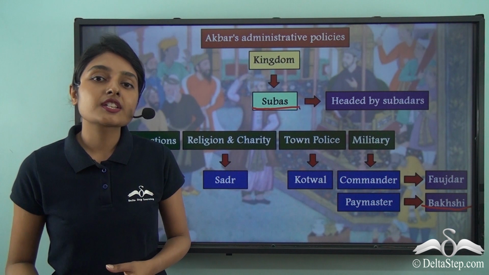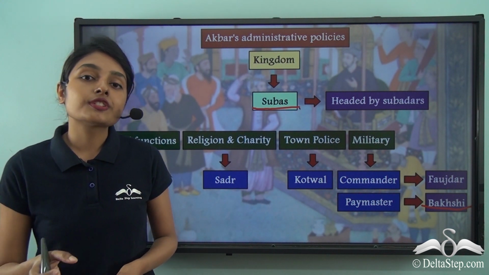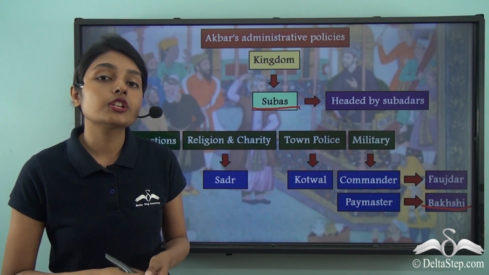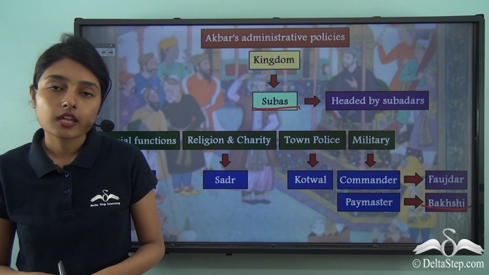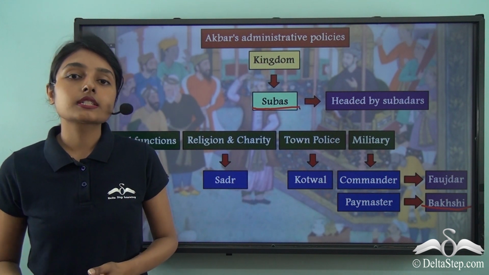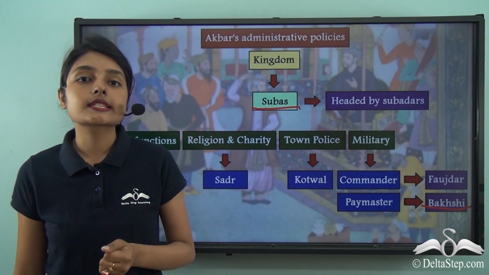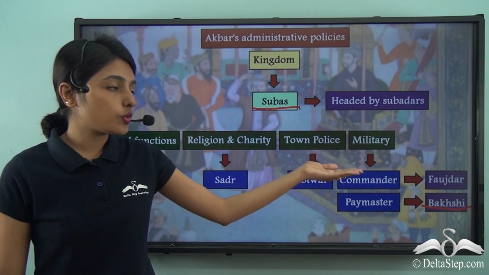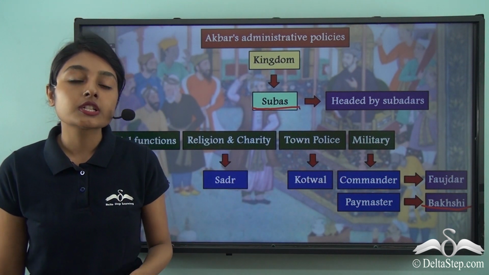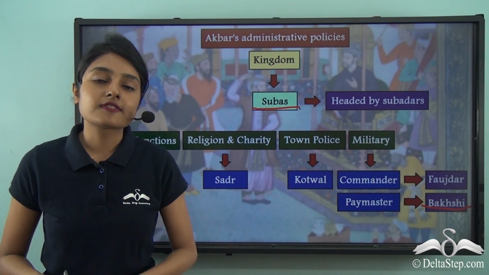These Mansabdars were then paid in the form of land grants, which also necessitated the functioning of the Jagirdari system. We also learnt about how the kingdom under the Mughal Emperor Akbar was divided into small provinces called the Subas, and these were the officials who served the Mughal Empire by working in their respective Subas.